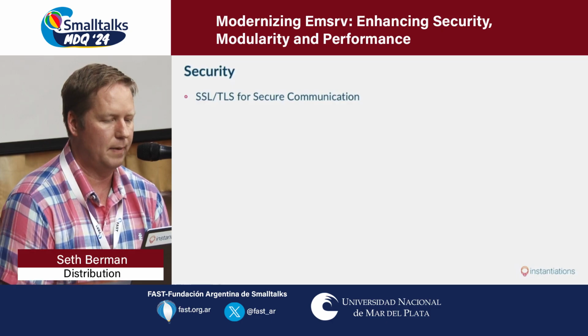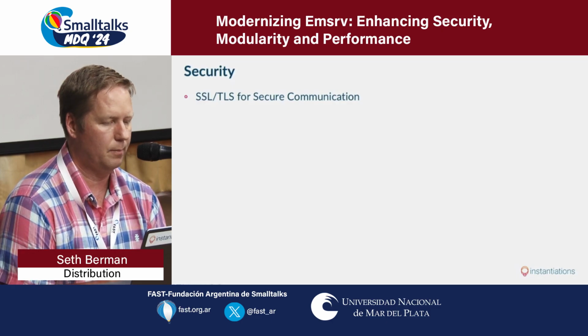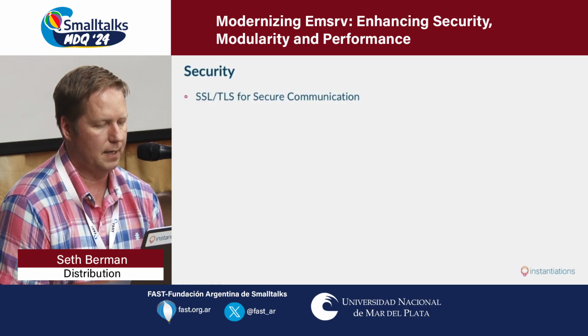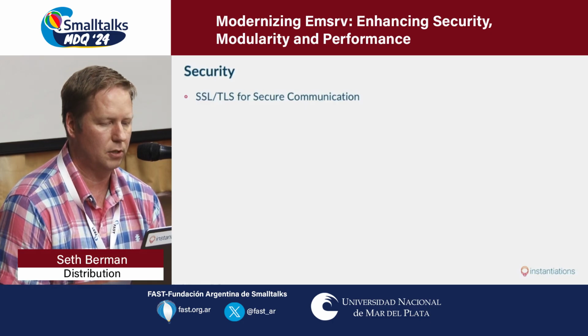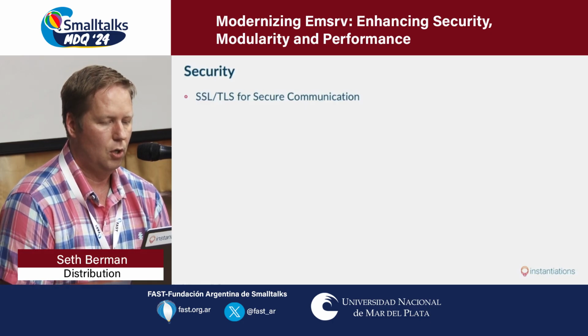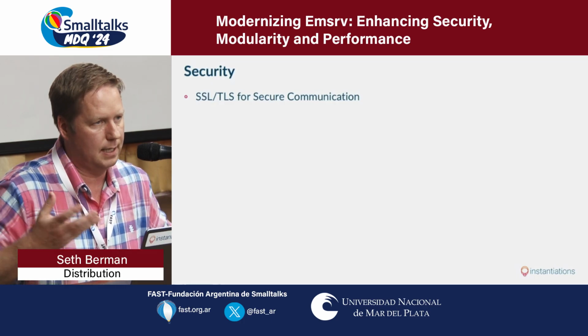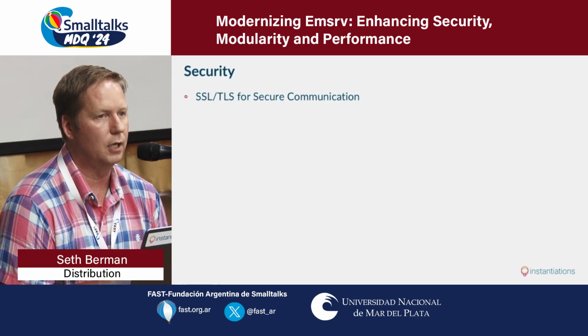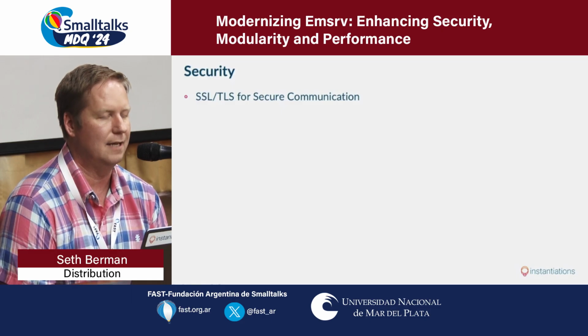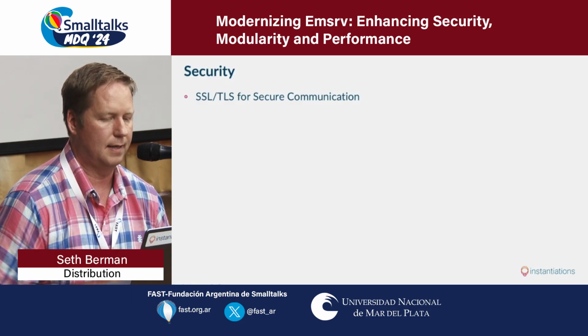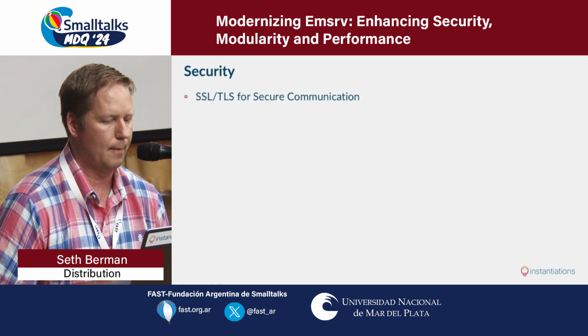We've also made this flexible by introducing custom security parameters that you would expect today: certificate management, and protocol negotiation between client and server. We actually have the concept now of an Emsrv version. So the client and the server can negotiate which version of the Envy protocol they are going to be operating off of.